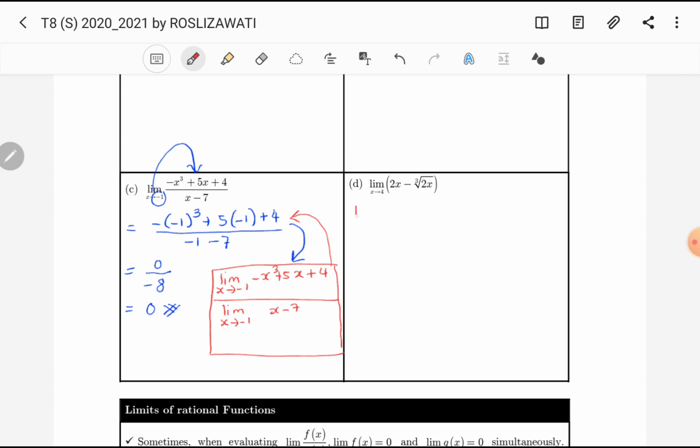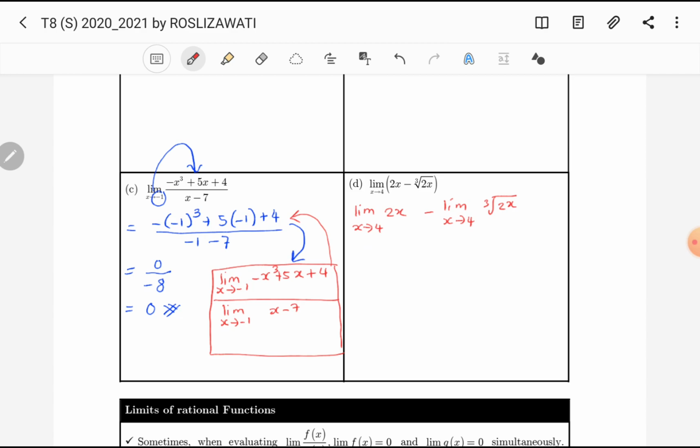So I will get limit 2x as x approaches 4 minus limit cube root of 2x as x approaches 4. Ini kalau saya nak asingkan lah. But boleh ke tak kalau saya nak direct terus masuk tanpa asing? Boleh tak? Yes. Good. Boleh. Ya? Okay.